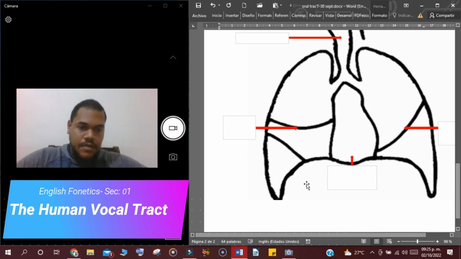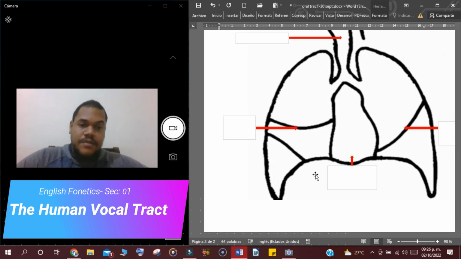And when your lungs are full of air, this muscle right here that has a dome shape is called the diaphragm. The diaphragm contracts, and when it relaxes, the air that is in the lungs gets out through the mouth, because the diaphragm adopts two positions.